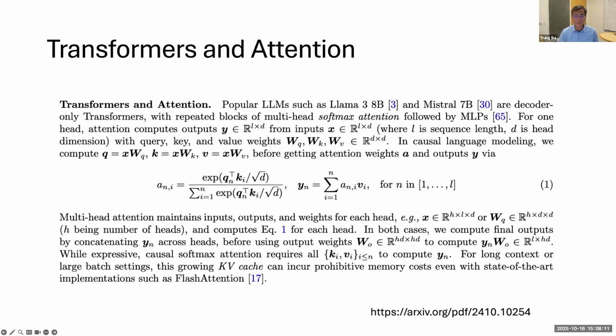attention. Basically, in attention, for example for one head of attention, you have 3 matrices like WQ, WK, WV. Each is a square matrix with the head dimension, and based on these matrices we calculate a softmax followed by an MLP layer.